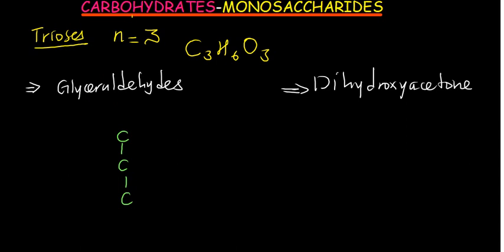Remember, this is the aldehyde. And at the start, I said carbohydrates can either be aldehydes or ketones. Aldehydes have got a functional group at the very end. So, because this is a carbohydrate, we're going to put a double bond with oxygen at the end and then hydrogen like that. This is the carbonyl functional group.